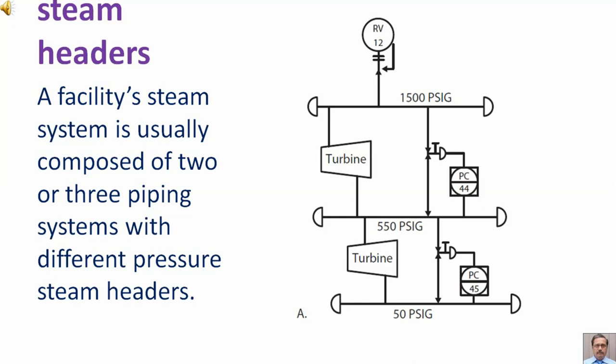Steam headers. A facility's steam system is usually composed of 2 or 3 piping systems with different pressure steam headers.